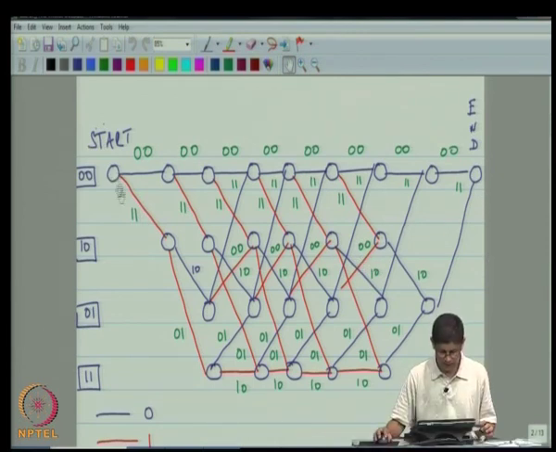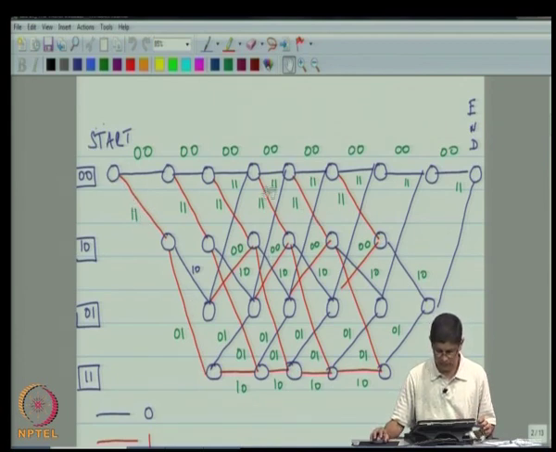You can identify the message sequence associated with that path by just looking at the sequence of reds and blues in this figure, and you can look at the code word just by looking at the output symbols that are listed sequentially.